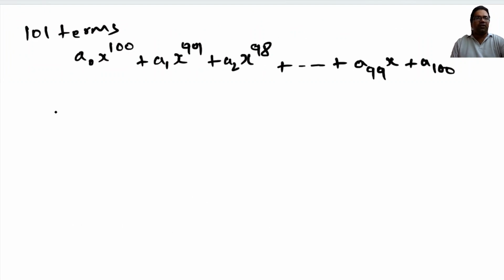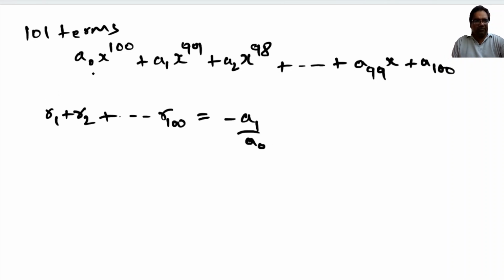Now, what is the sum of all the roots? Let's say the roots are R1, R2 till R100. Then the sum of the roots taken one at a time, R1 plus R2 plus up to R100, is minus a1 by a0.